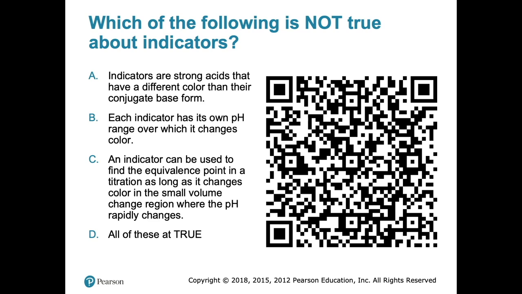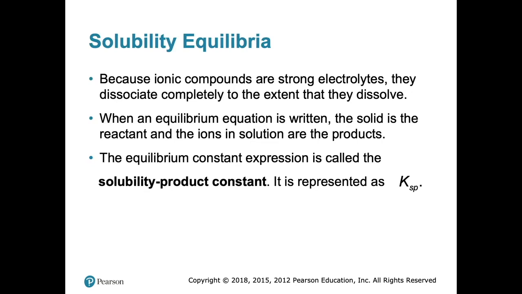Good job. So that takes us to the last part of this lecture, which is solution or solubility equilibria. We had chemical equilibria, then we had acid-base equilibria, which we spent the last few days on, and the very last thing we need to talk about now is solution equilibria. The thing about solution equilibria is that it has a different constant.